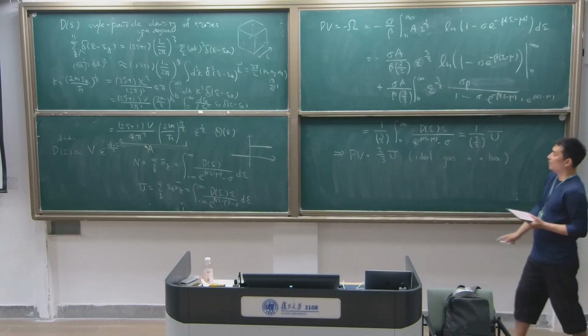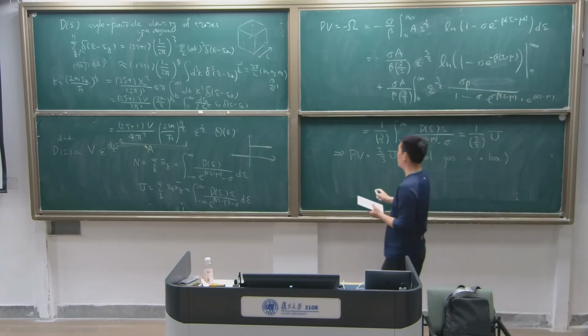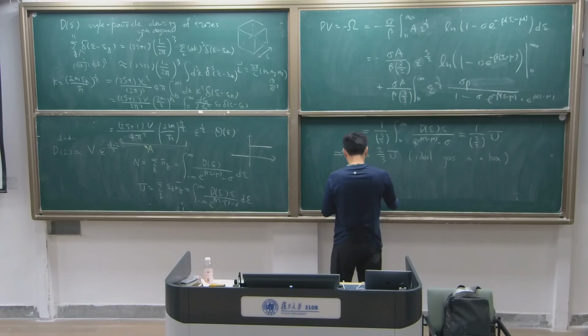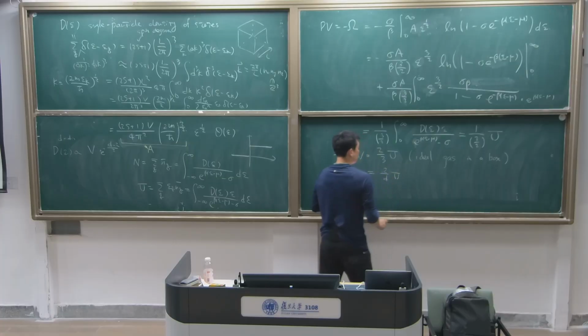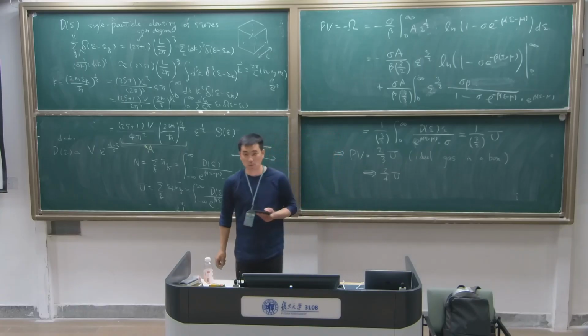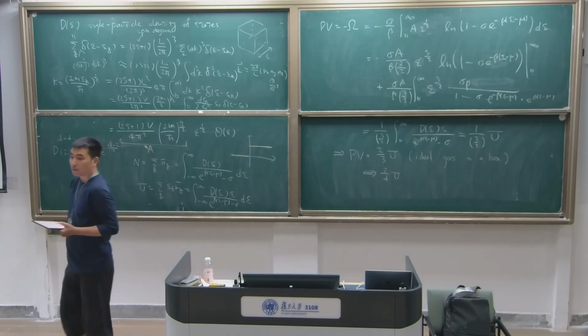Very famous equation. And this 2/3 is really coming from the dimension. So if you want to generalize the dimension, this becomes 2/d over U, the general dimension of U.